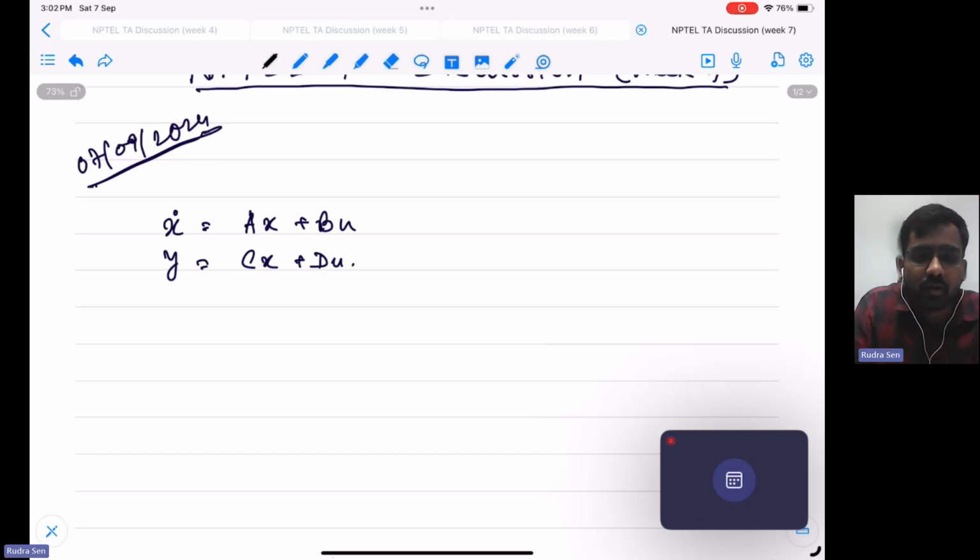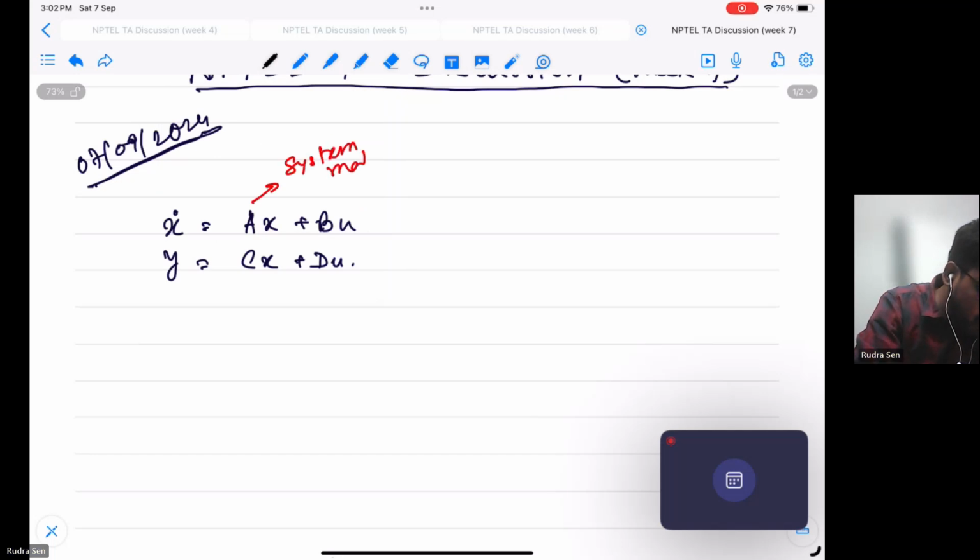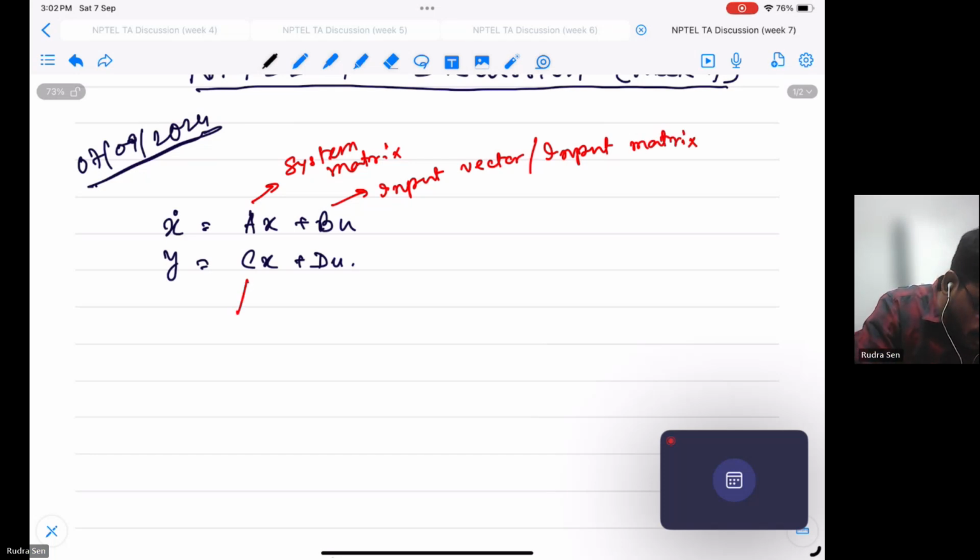When we talked about controllability, we were concerned about the system matrix, which is A. This is the input vector for the case of a single input system, or the input matrix if the system has multiple inputs. This is the output vector for the case of a single output system, or the output matrix.